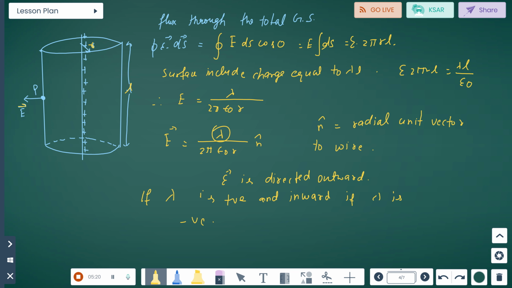That's why E is directed outward if lambda is positive, and E is directed inward if lambda is negative. Okay.